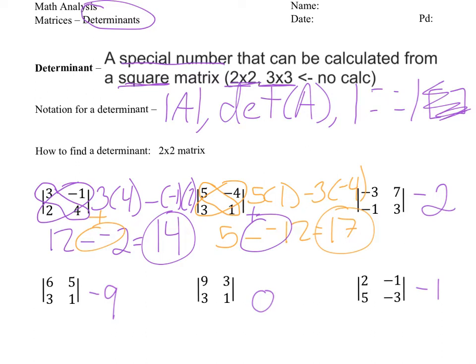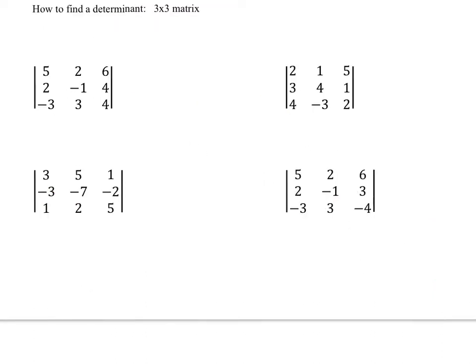Looking at 3x3s, we're going to do a really similar thing, but we have to mess with it a little bit. We're going to go down this side here, but we want to be able to do that for all the columns, and I don't have enough values.